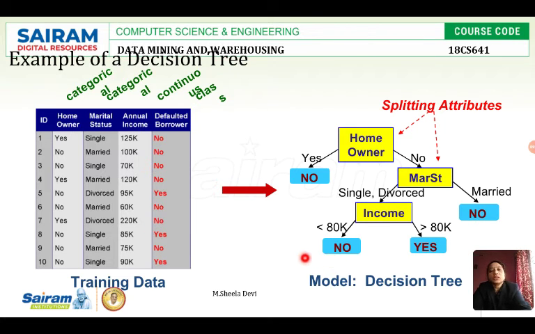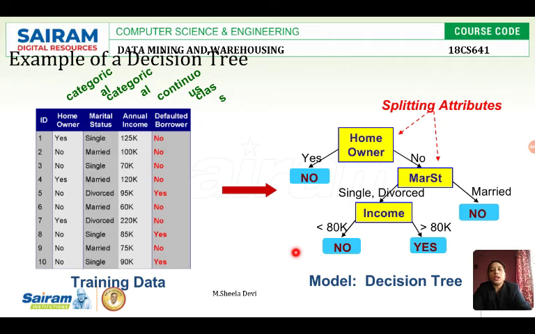So with this study, the model has created this decision tree with which it will decide on the new inputs or new tuples or new rows which it is going to come across in the test data, and it will predict whether he will be a defaulted borrower or not.